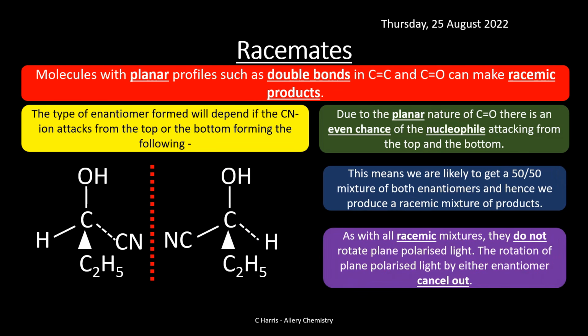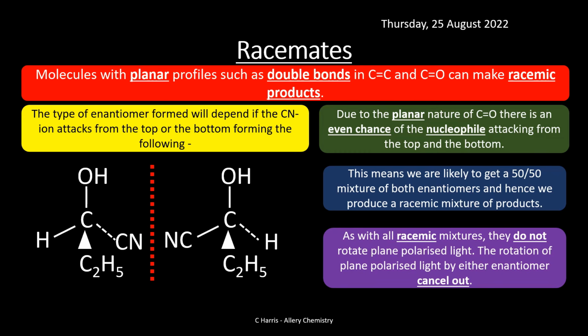As with all racemic mixtures, and you'll see this a little later on in year 2, you can detect optical isomers, which is what these are, by using plane polarized light, and it'll rotate. If you've got more of one enantiomer than another, then it'll rotate plane polarized light. If you've got a racemic mix, they cancel each other out.